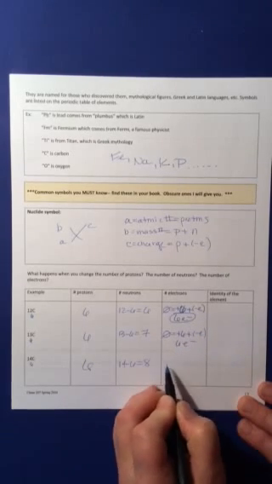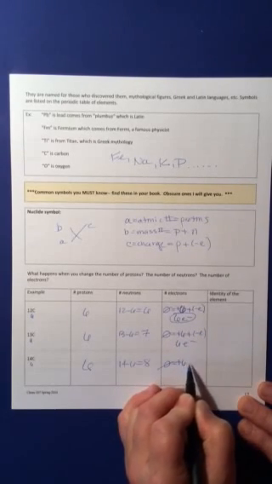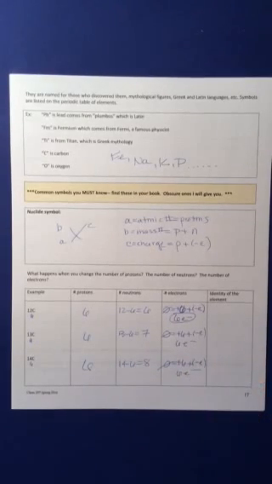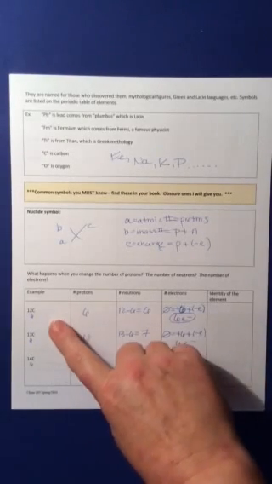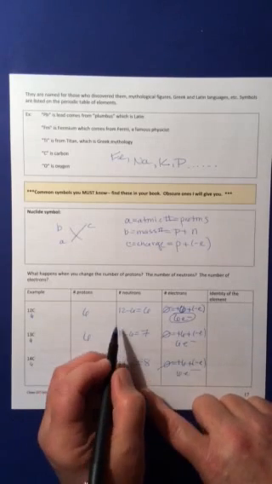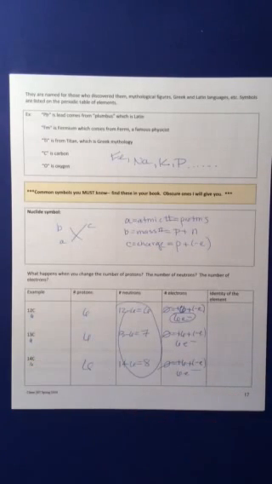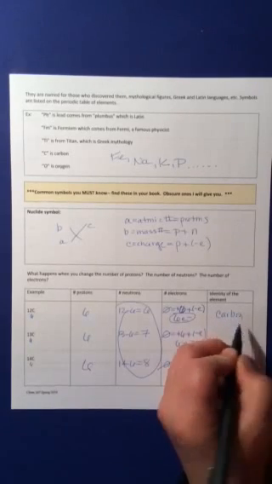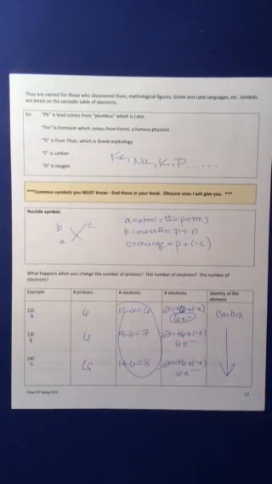So all of them are going to have 6 electrons. Okay? So the only thing that we have changed in this group right here is the number of neutrons. For all of them are carbon. They just have different masses.